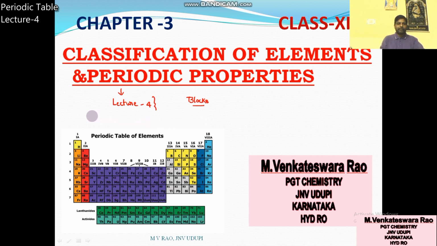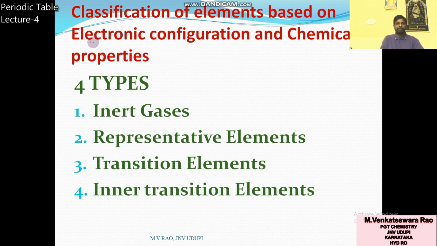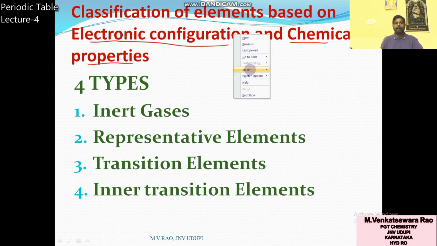Now in this class, this entire periodic table is again classified based on electronic configuration and chemical properties. It is the classification of elements based on electronic configuration and chemical properties.